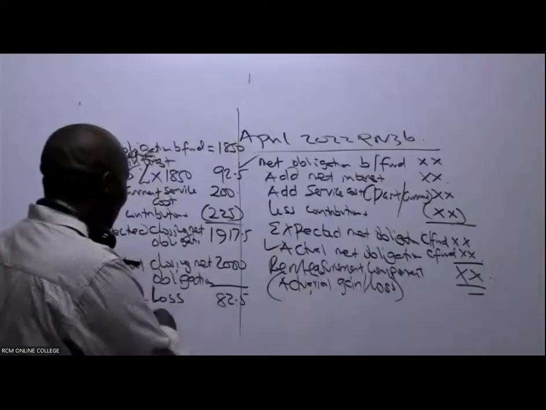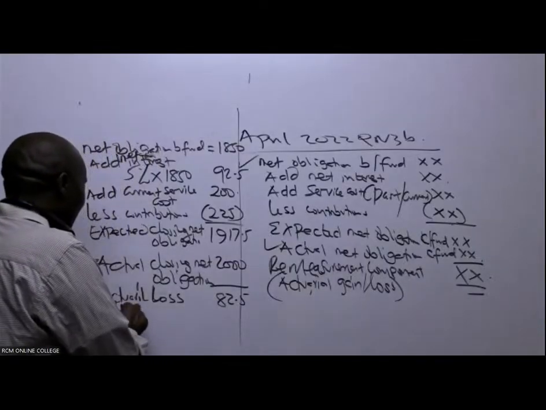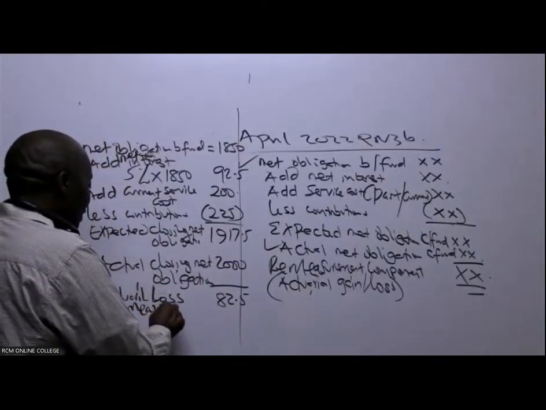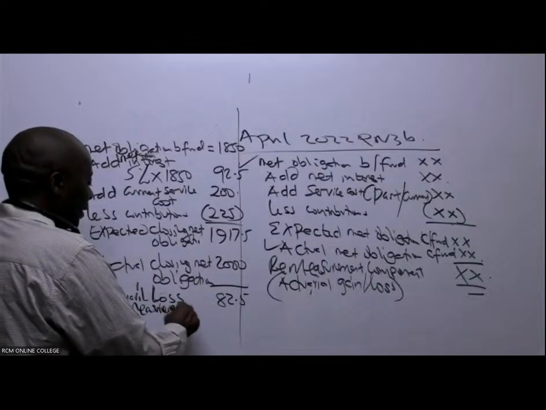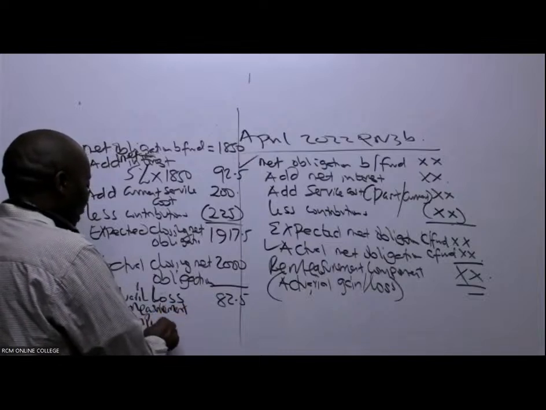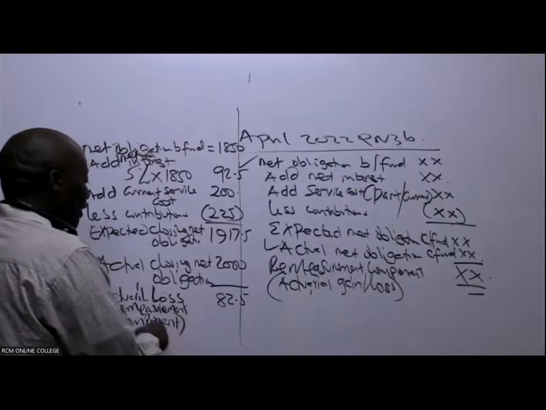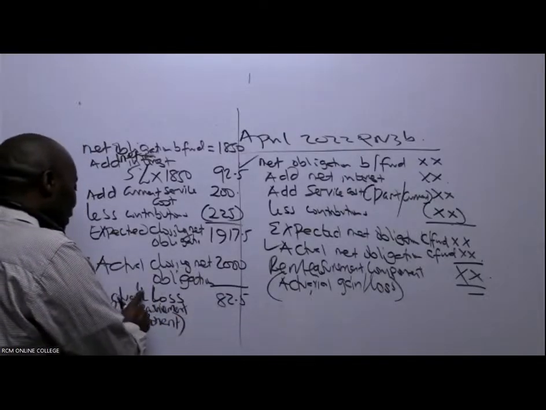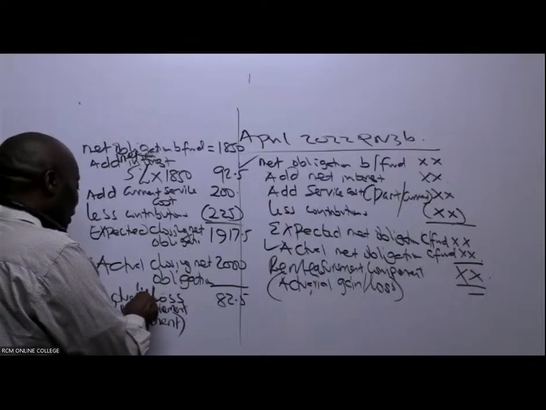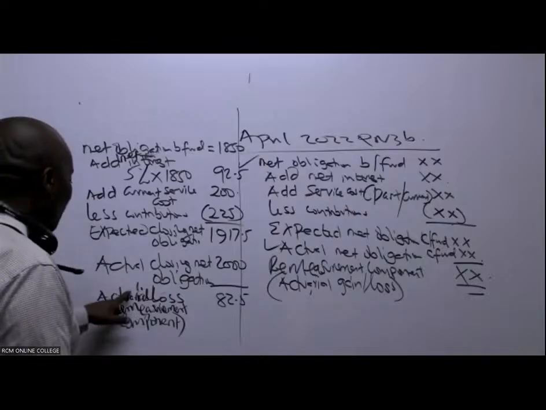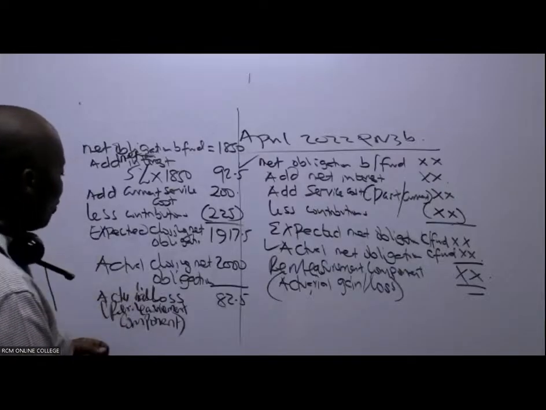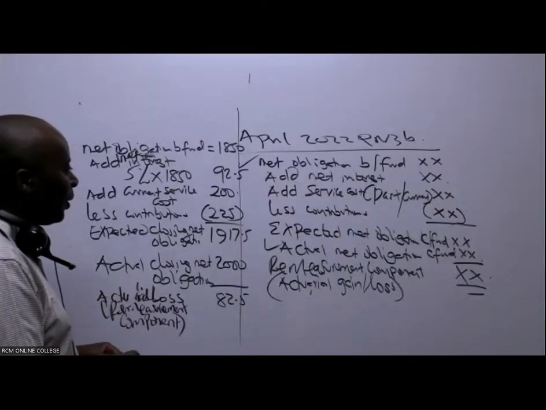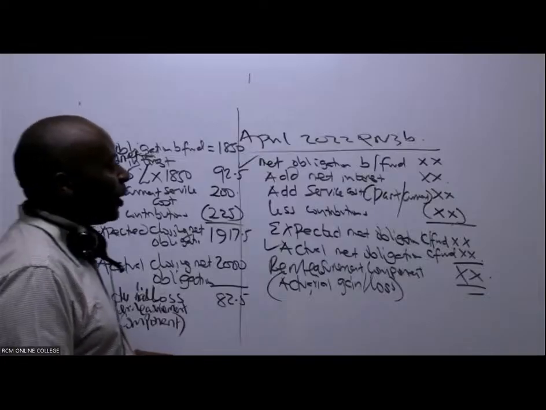So this is what we call the remeasurement component. The new standard decided to call it remeasurement component. Because the actuarial, this spelling is not right. Actuarial loss. This actually will come at the end of the year.